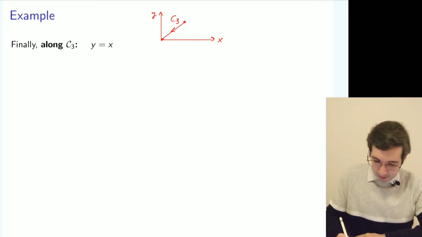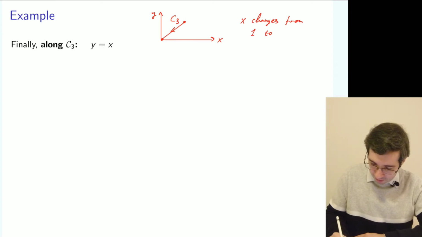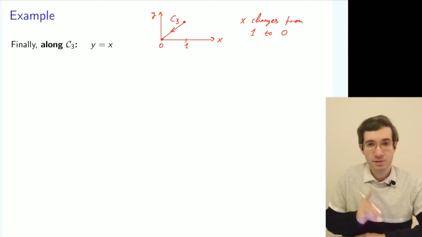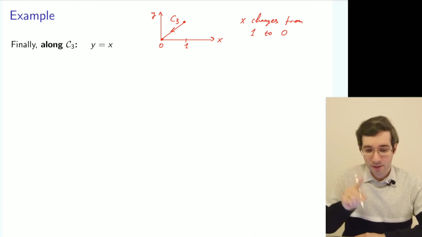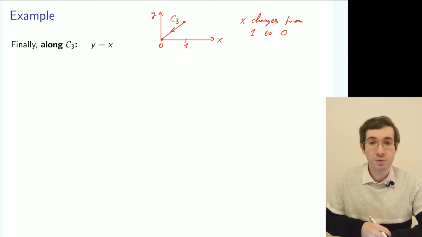And we know that actually x changes from 1 to 0, because that's where we start and that's where we finish. So that's important. Always pay attention to the limits, where you start and where you go, because otherwise the sign of the integral will change.